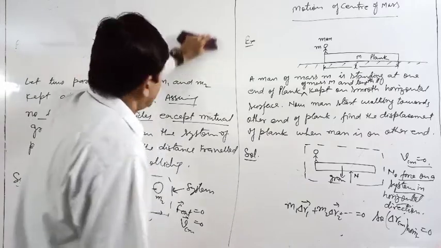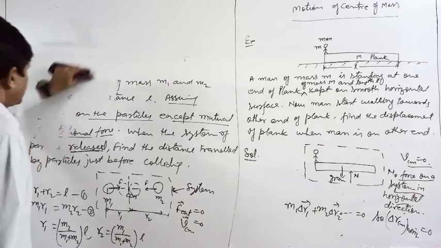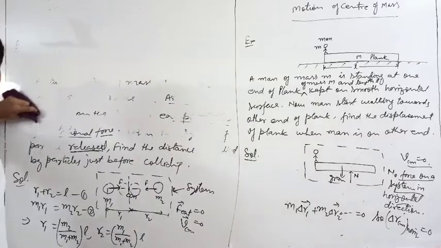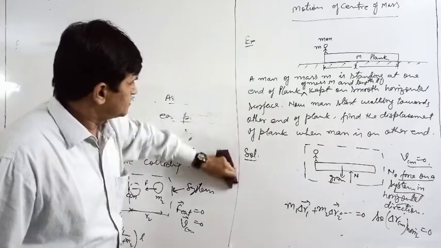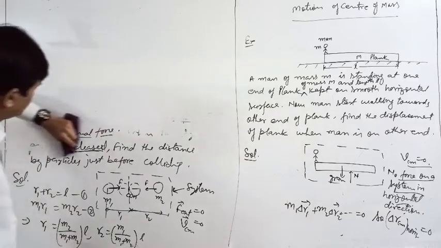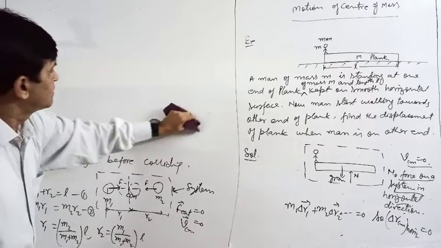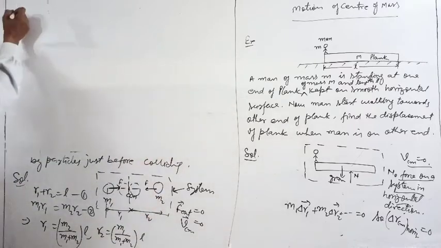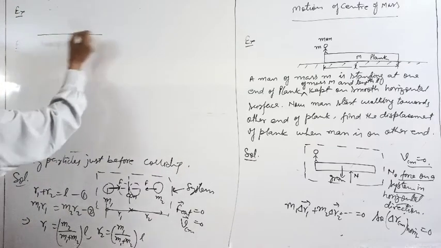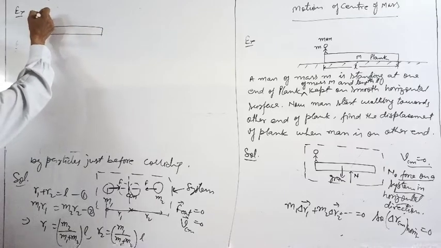Now, how to calculate this one? See, initially here, this is your plank, this is your man.